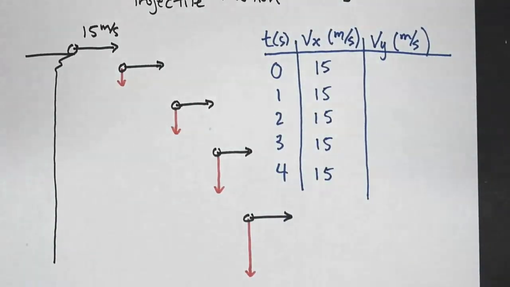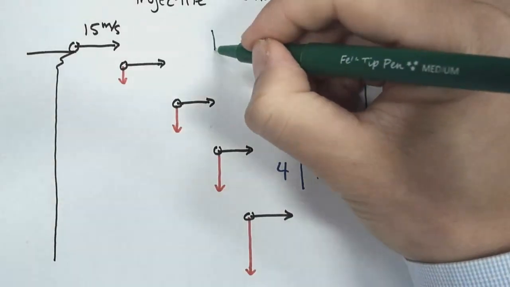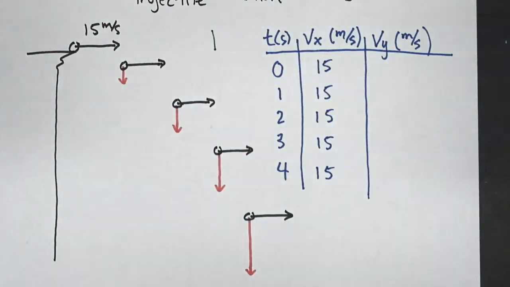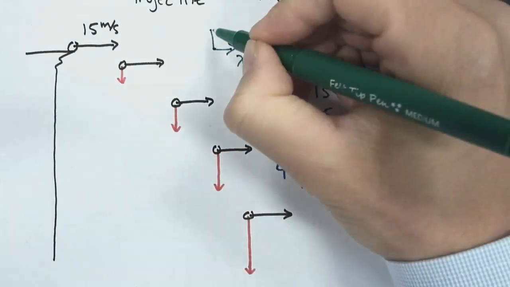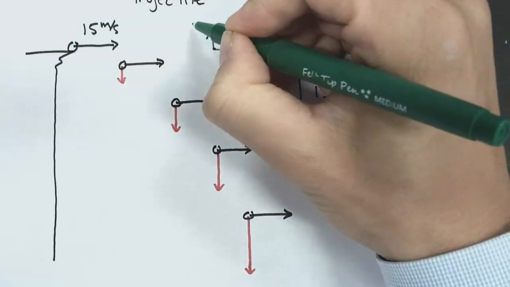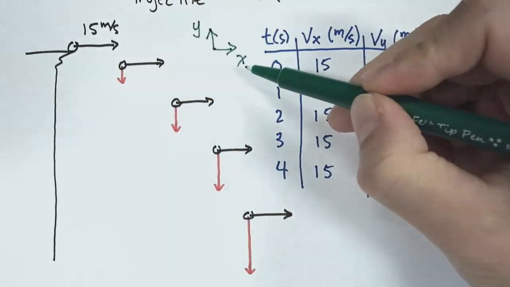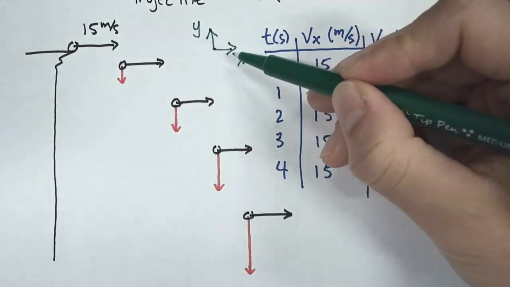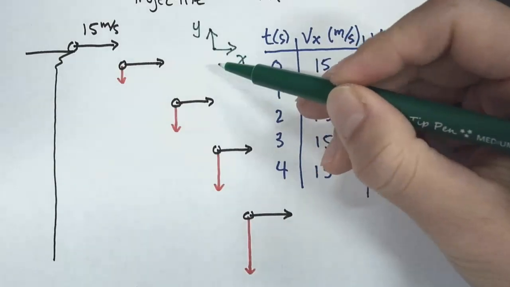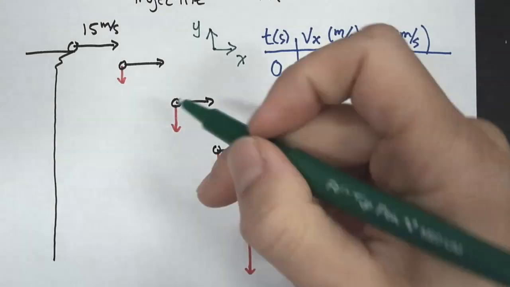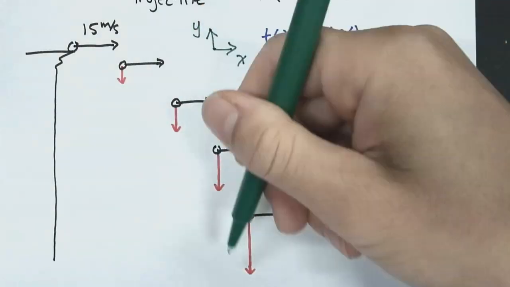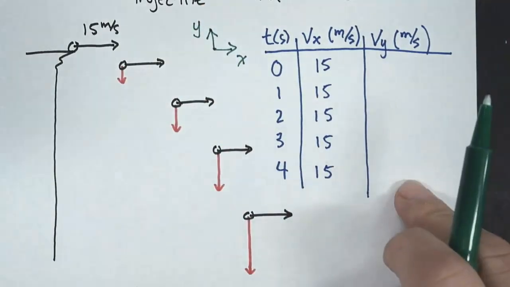Let me indicate my positive direction. Right is positive x, and up is positive y. This is arbitrary; I could have made down positive for y, but I'm going to make up positive, which means our velocities, because we're going in the down direction, will be negative.